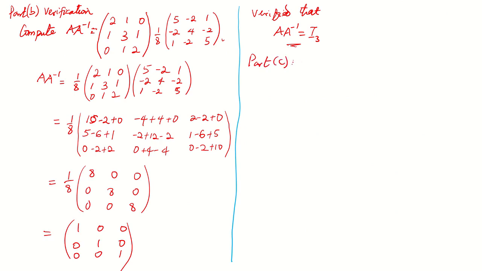We want to obtain the determinant of matrix A. So what is matrix A again? Matrix A is 2 1 0, 1 3 1, 0 1 2.